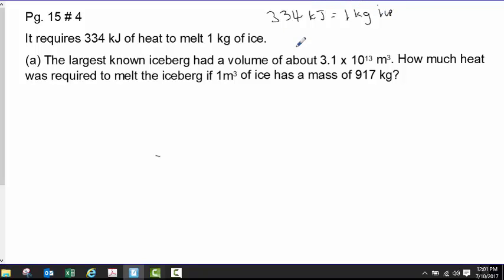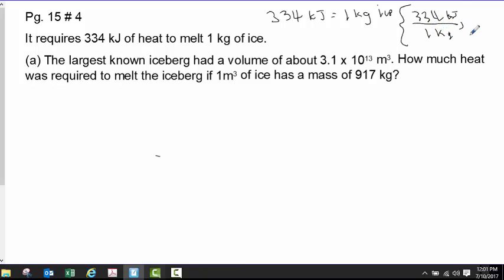I could write it with the kilojoules on the top, so we could write this as a conversion factor like this: 334 kilojoules per a kilogram of ice. That's one way we could write it.